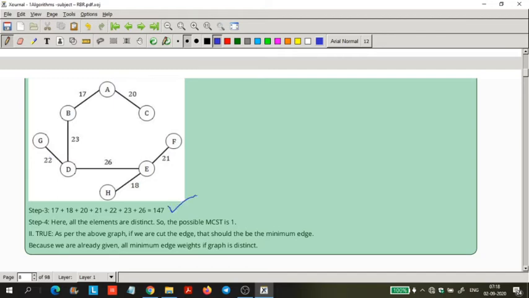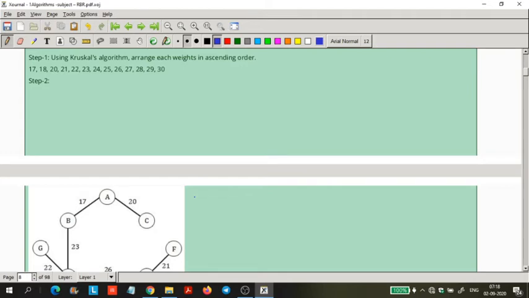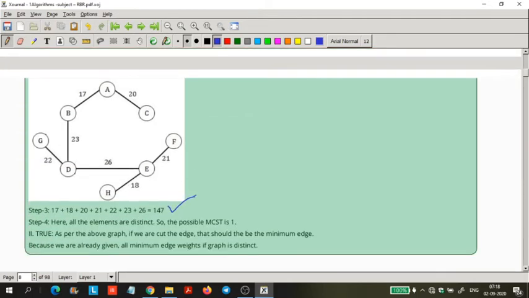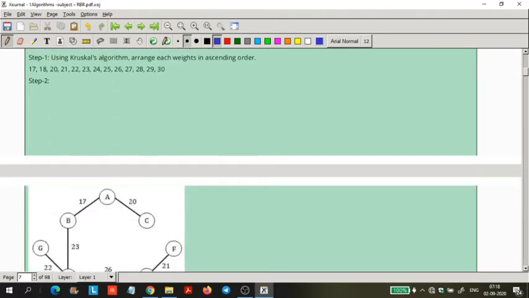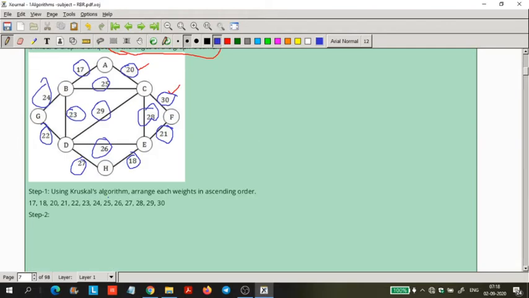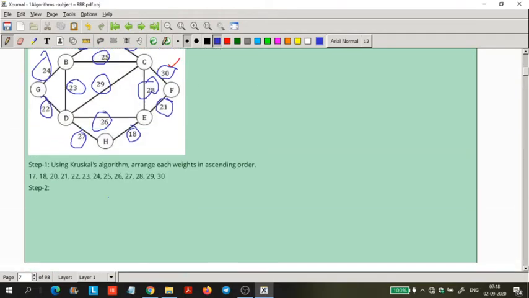The addition of all these gives 147. And here all the elements are distinct, so the minimum spanning tree is unique. There is no cycle formed here. So 30, 28.